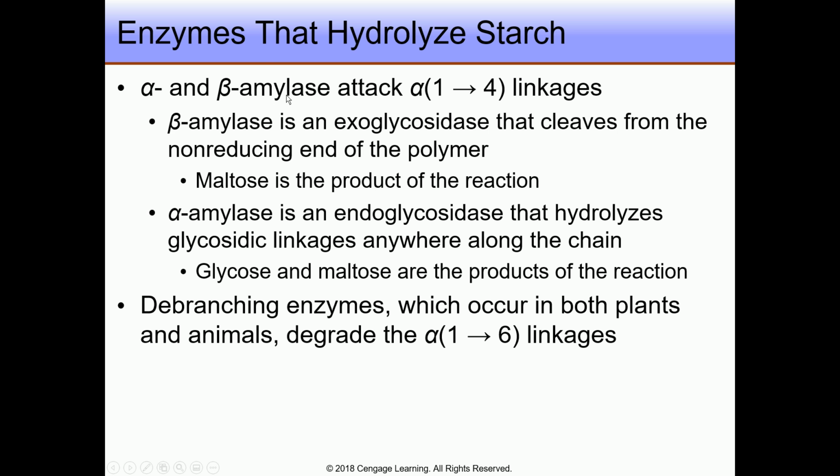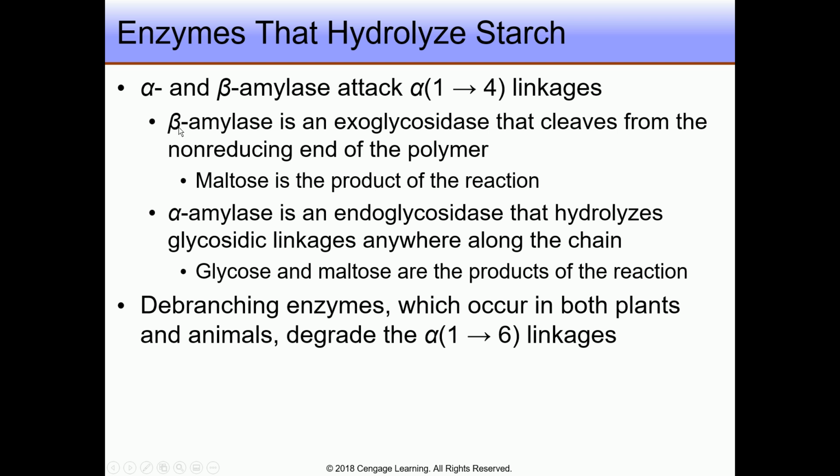Amylase is an enzyme which can break the glycosidic bonds present in starch. Amylases can be alpha and beta amylase, and they can break the alpha 1 to 4 linkages.